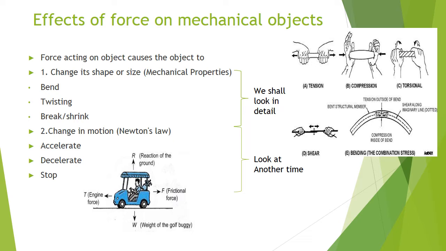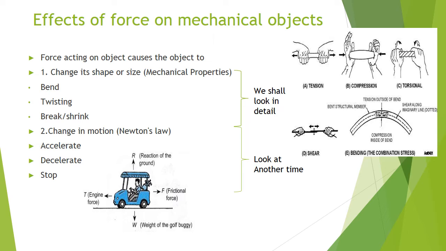As I said earlier, a force will make a change in the shape and the size of an object, and this change can be bending, twisting, breaking, shrinking, or fracturing, and it can also lead to a change in motion.